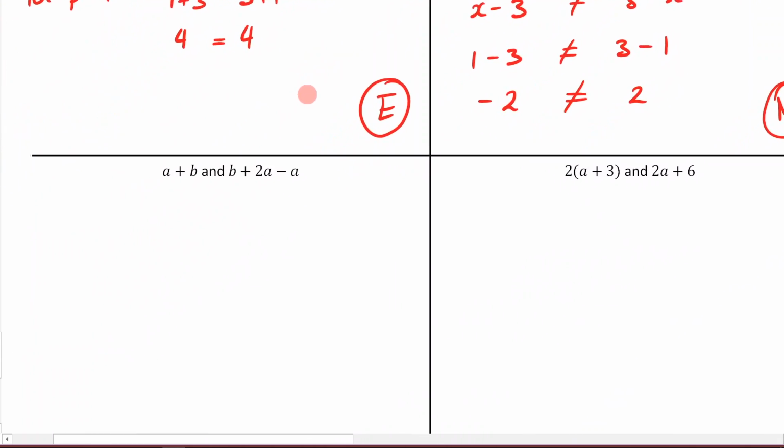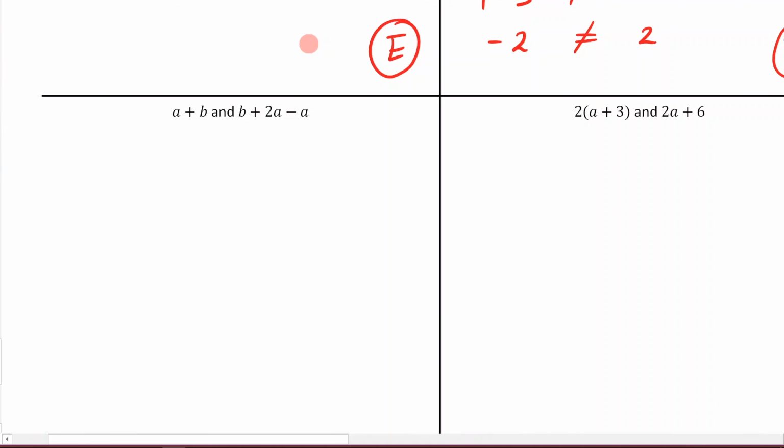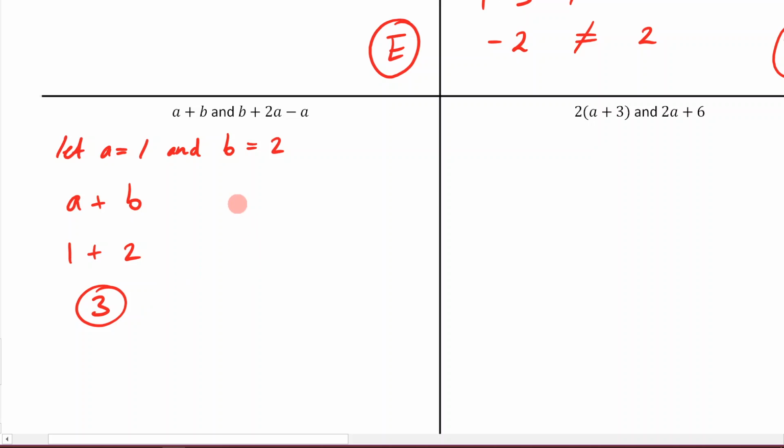All right, let's keep on going here. Again, the way that we can test whether or not these are equivalent is by subbing in a value. So let's let a equal 1 and b equal 2. So I have a plus b, which would be 1 plus 2, which would be 3. And then on this side, I have b plus 2a minus a.